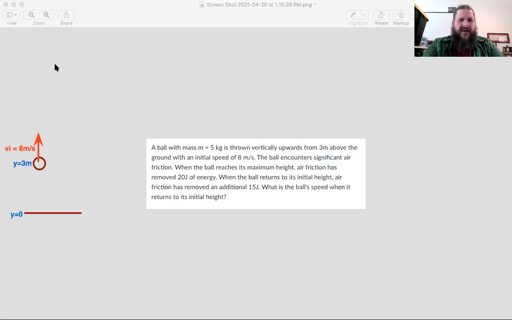We don't know what that final height is, but we can at least label that y max. And then it falls back down. And on its way down, it's going to be passing through that same initial height again. It's just going to be on its way down instead. And we want to know what that v final will be.